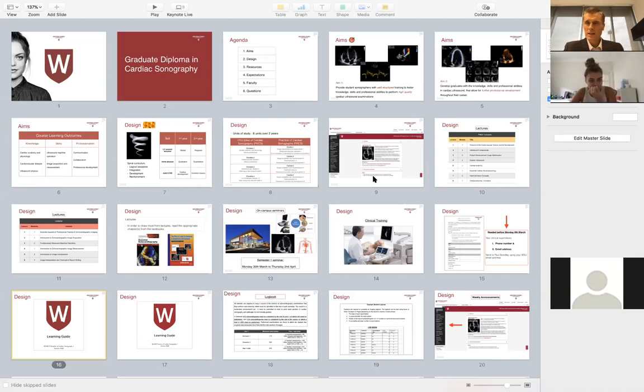The first of the assessment items is an online quiz. The structure of them is usually very much the same. They're 20 questions, most of them multiple choice.